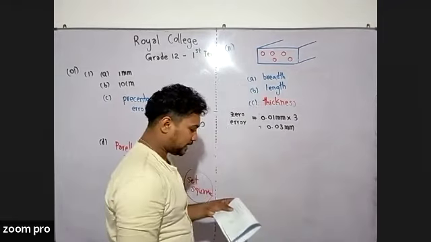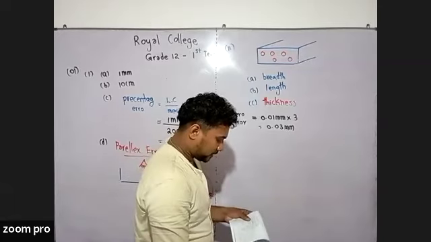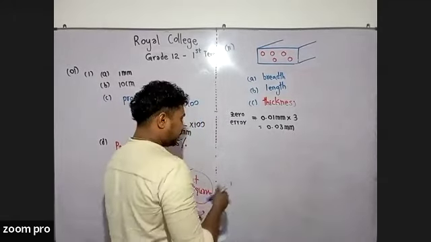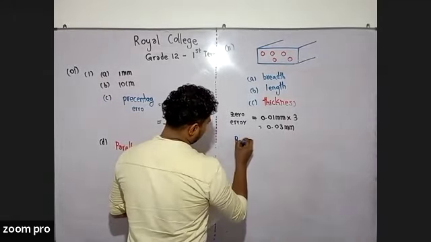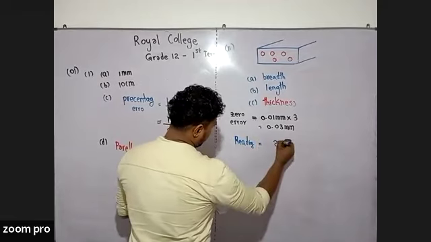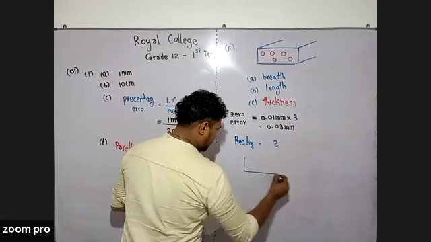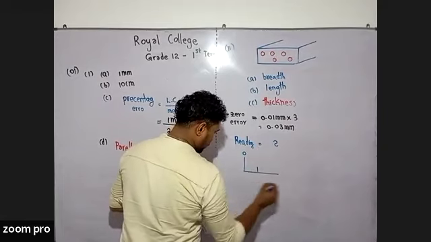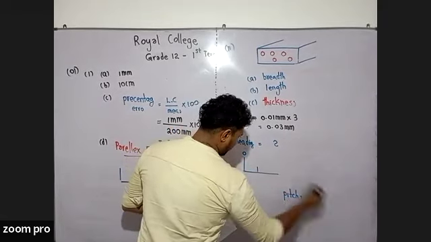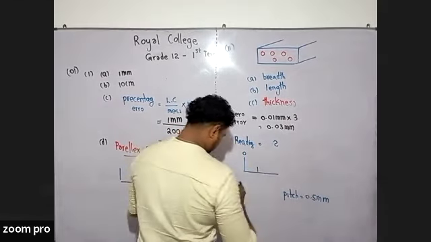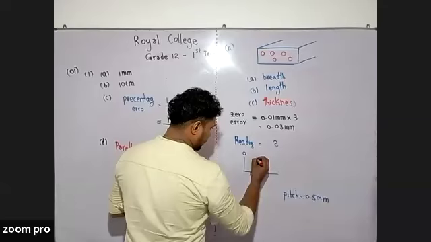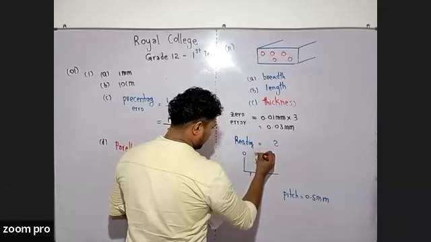But even so, let's assume that the pitch of this micrometer screw gauge is 0.5 millimeters. Then this should be 0.5, then this should be 1 millimeter.